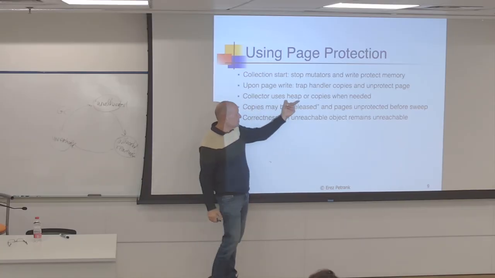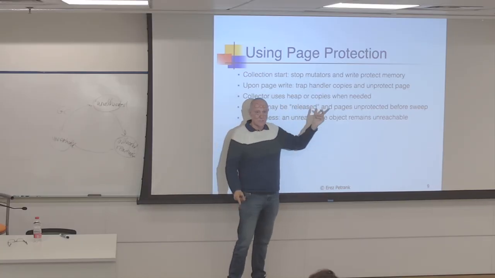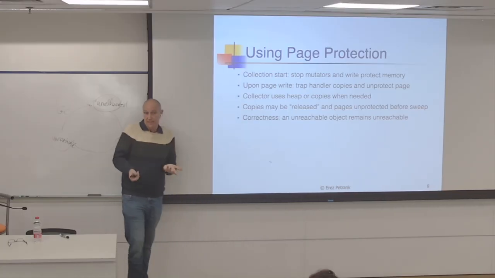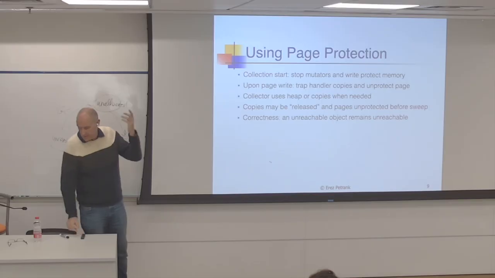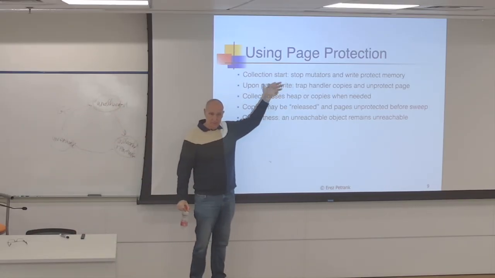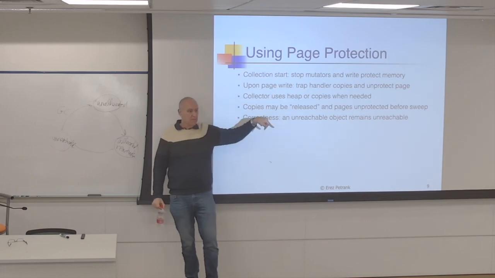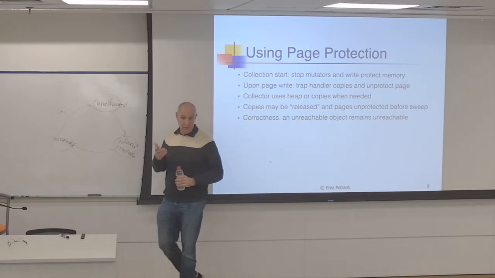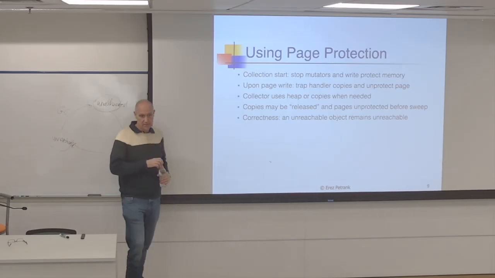And the collector just looks at the heap or the copies. So if a page was not copied, then I can just read from the heap. It's the same as it was at the time I started the collection. And if something was modified, then I have a copy of the values of how it looked when I started the collection.